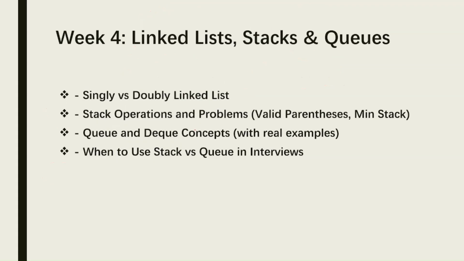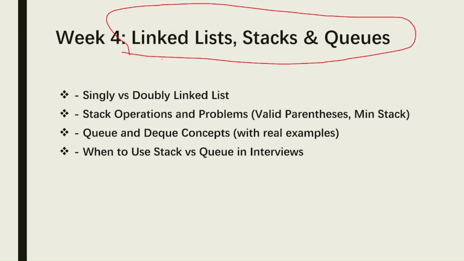Next, week 4: this is linked list, stack, and queue. Singly versus doubly linked list. In a singly linked list, we have one direction. We can insert or delete an element in only one direction, but when we talk about a doubly linked list, we can insert in either direction. So the difference between them, and how coding problems on doubly and singly linked lists appear and how we can solve them. Next is stack operations and problems.